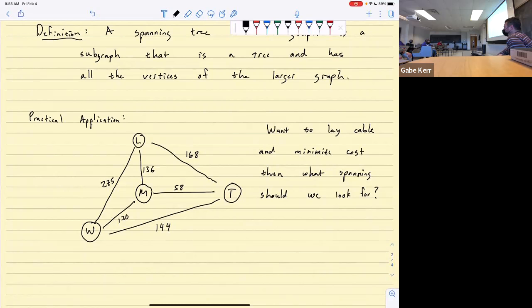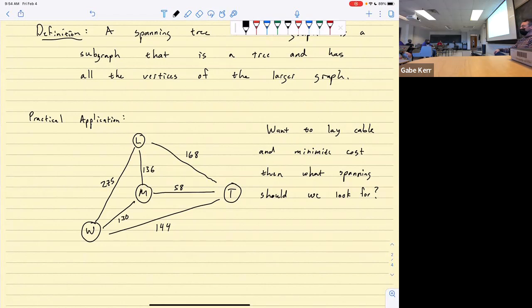I'll repeat the question. If I find a spanning tree, how many edges will there be in that spanning tree for this particular graph? Three, right? Because there are 4 vertices and the number of edges of any tree with 4 vertices is 4 minus 1, which is 3.